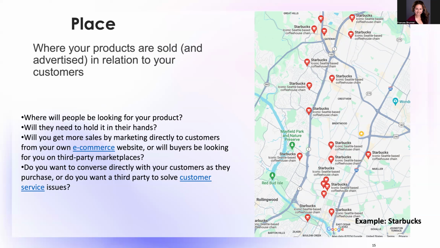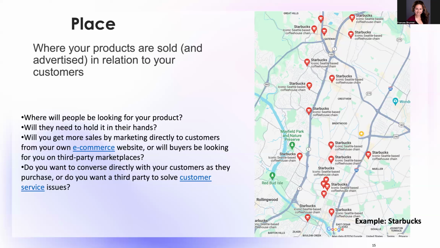You have to sign up and be added, and then you're available to the DoorDash audience. So the picture on the right shows our current availability of Starbucks coffee in the downtown Austin area.